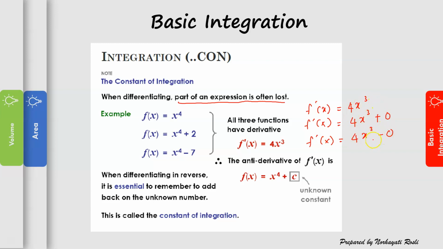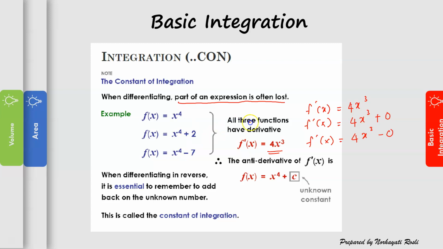As we can see, for all f(x) here we have the same solution, that is 4x to the power of 3. But the antiderivative of f prime x cannot be based just on x to the power of 4, because you can see you have different solutions here.